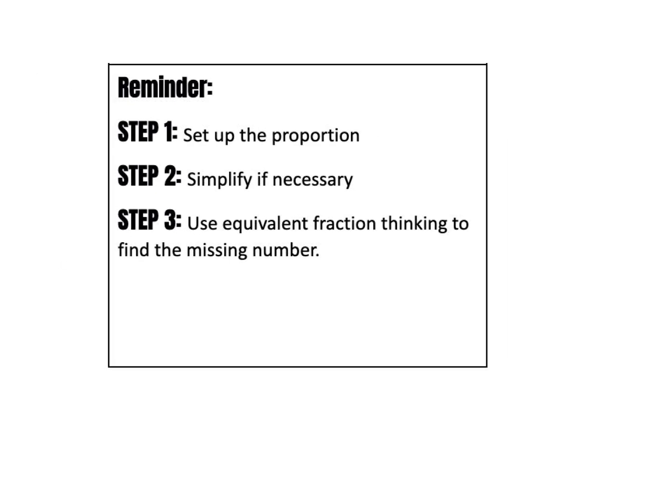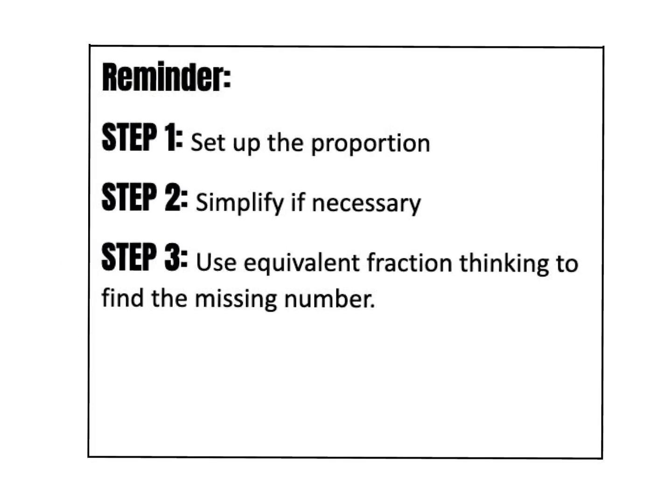So here are the steps you're going to do for each of the following problems when you're practicing. You are going to first set up the proportion. Give yourself some space in between when you're writing your proportion. So you'll write a fraction bar and then skip all this space here.